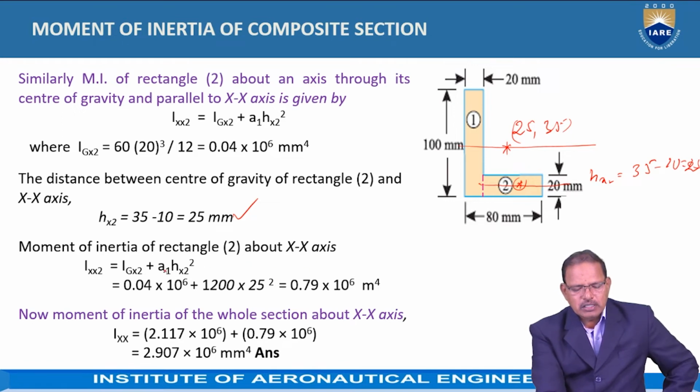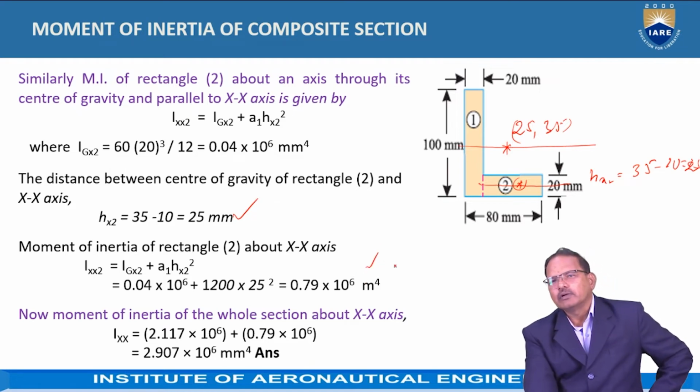Similarly, Ixx2 is equal to Igx2 plus A2 Hx2 whole square, which is equal to 0.04 into 10 to the power of 6 plus the area of the second rectangle, 1200, into the distance between them, 25 square, which is equal to 0.79 into 10 to the power of 6 mm to the power of 4.